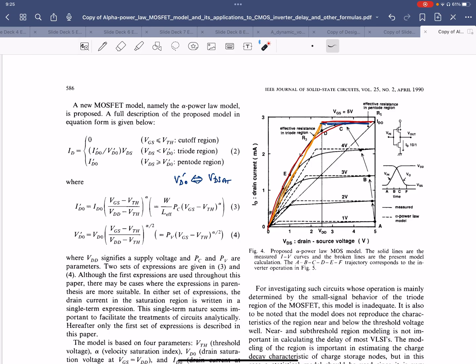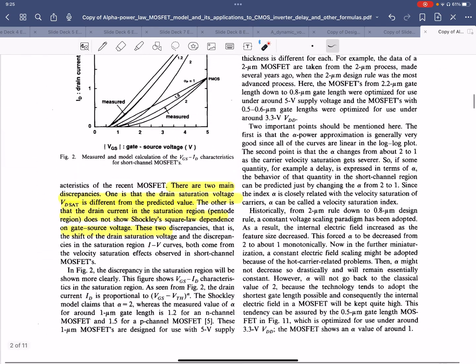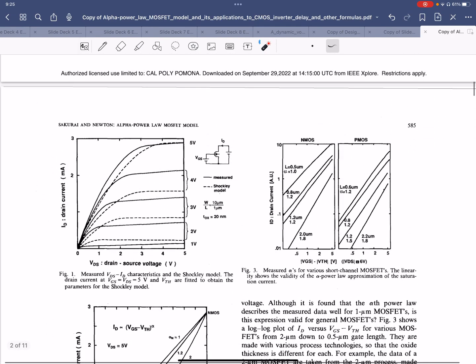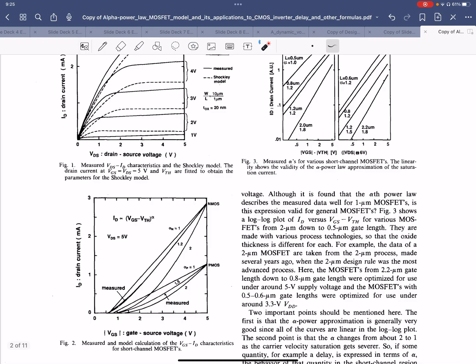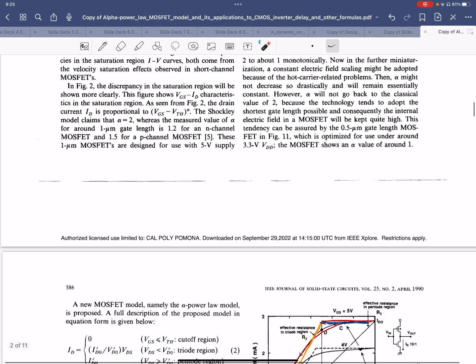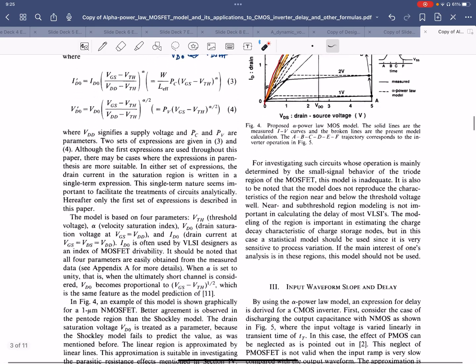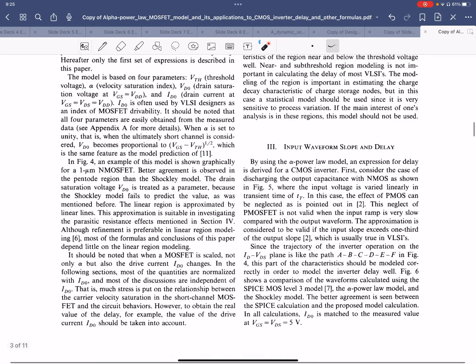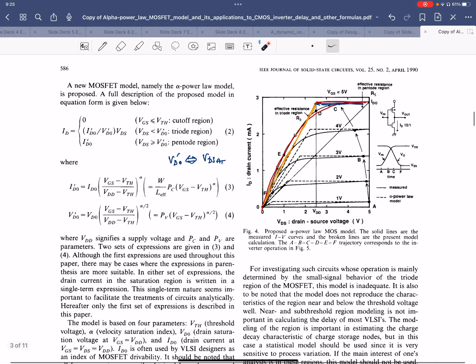So really, the rest of it is talking about the details of why this curve fit is a good choice for the MOSFET and small order effects. But the upshot is having these two very distinctly different regions.